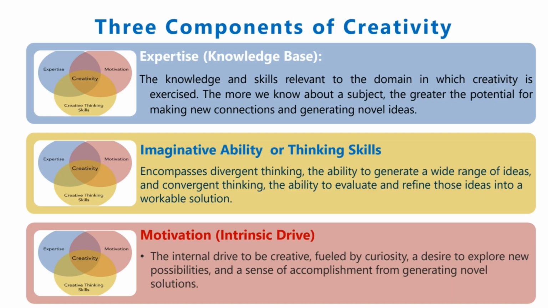We have imagination, like we said in the beginning, or imaginative thinking skills. These involve divergent thinking, the ability to generate a wide spectrum of ideas, and convergent thinking, which is the ability to evaluate and refine those ideas into workable solutions.